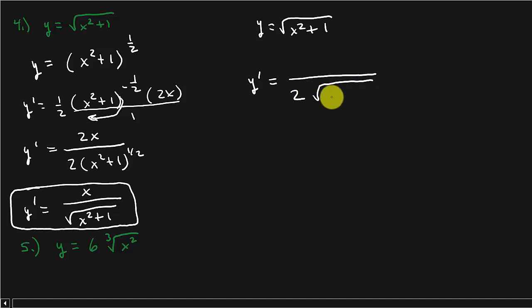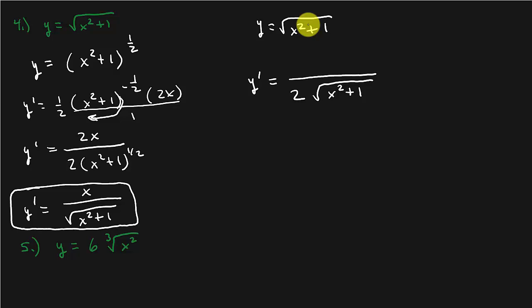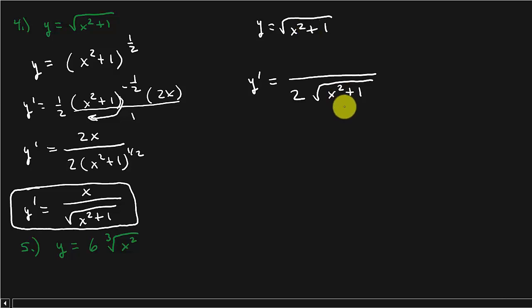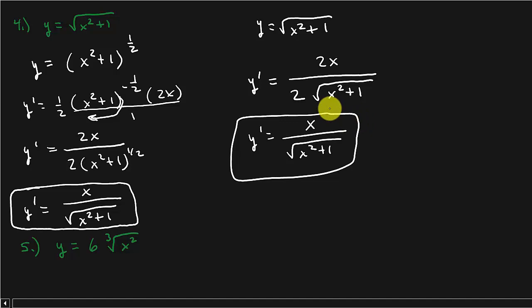And then next to it, whatever your square root is, every time, that goes in the denominator. Now, look underneath the square root. What's the derivative of that? 2x. And so the 2's cancel, and I'm left with x over the square root of x squared plus 1. And there's your answer.